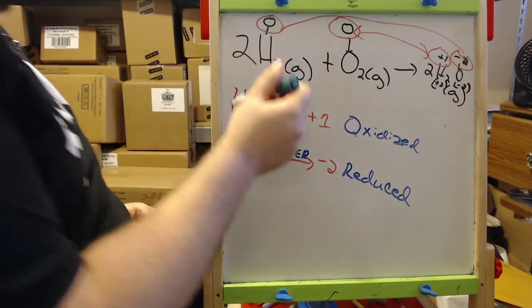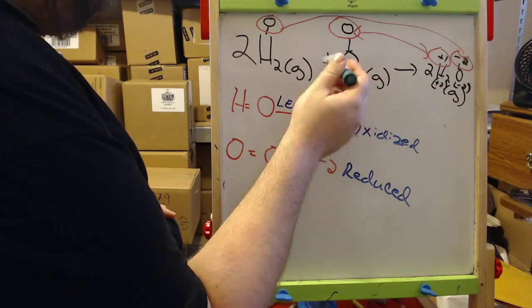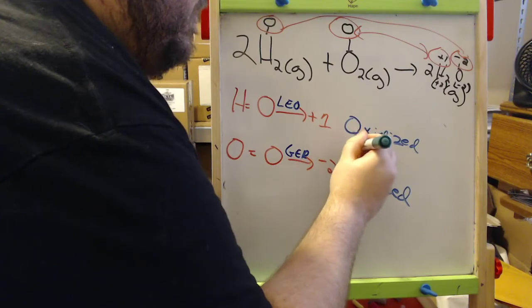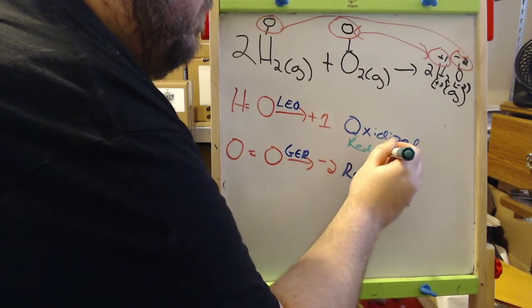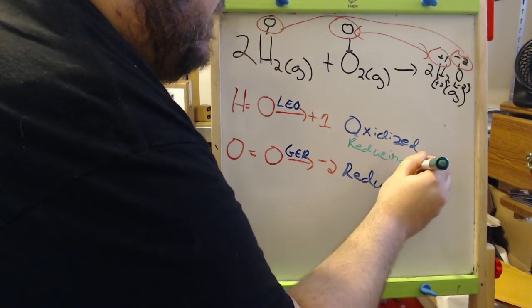Now, since hydrogen's being oxidized and ripping the electrons off of oxygen, it is called the reducing agent. So whatever is being oxidized is the reducing agent.